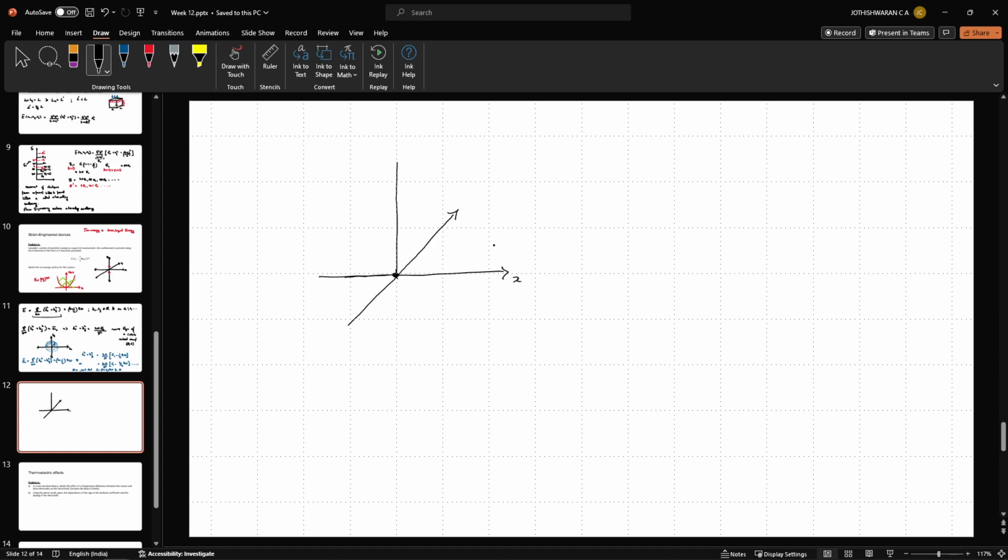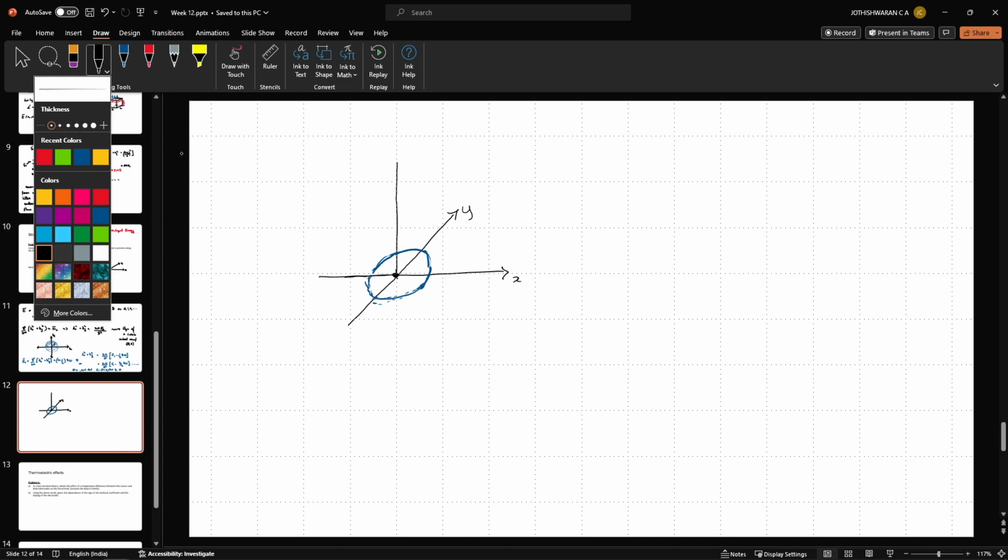So we have the x and y-axis, so we will have one circle here, and this is not at z equal to 0, but I should point it out here. This is this point here.